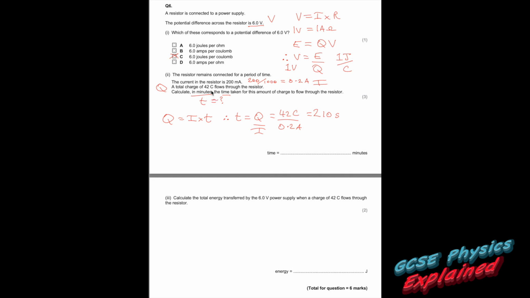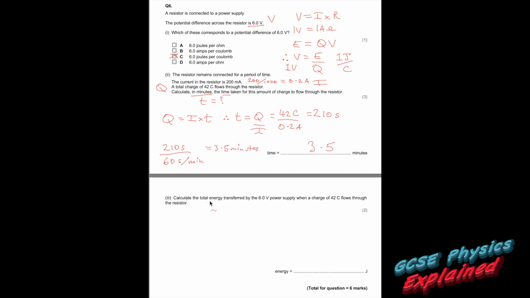Now they want it in minutes, so if we take 210 seconds and divide that by 60 seconds per minute, that'll tell us how many minutes there are. So that's 3.5.